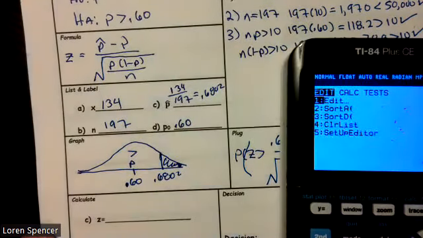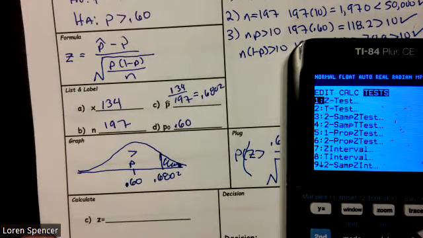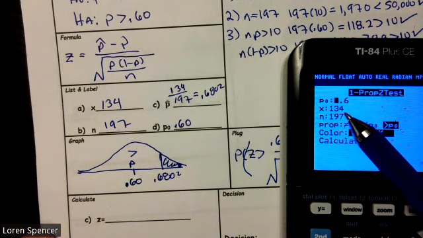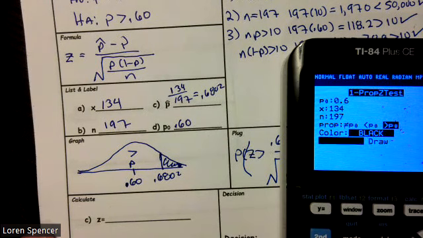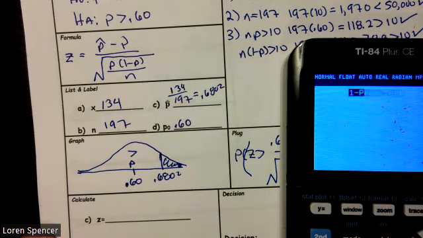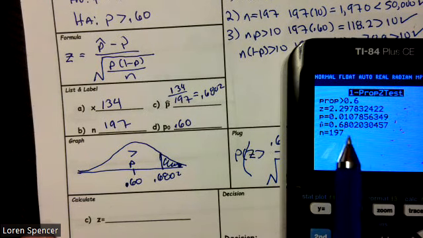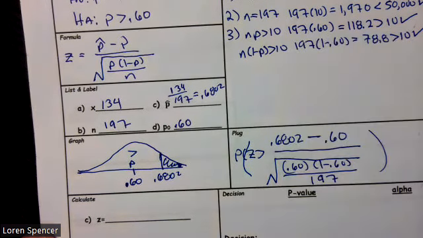So we're going to go stat, test, 1-proportion z test, 0.6, 134 and 197, greater than, and then we're going to press calculate. So we want the probability that z is greater than 2.297.